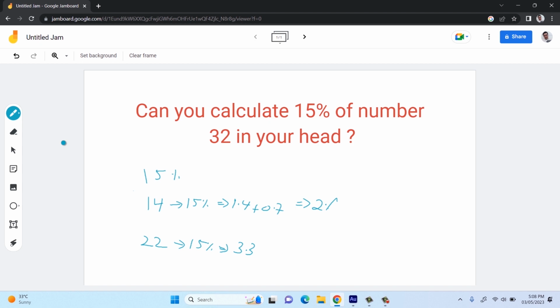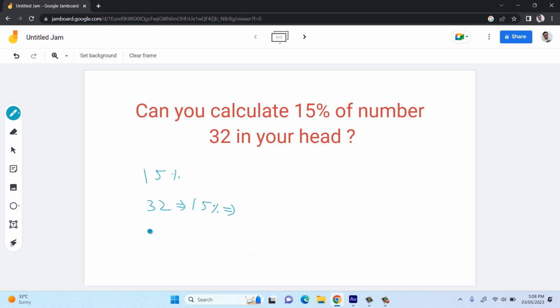Now let's just come to our final problem on which we started this session. So let's just calculate 15% of number 32.